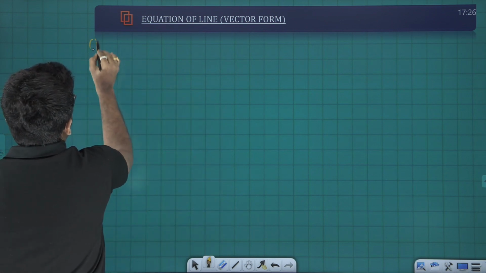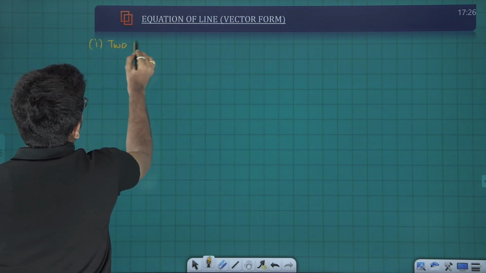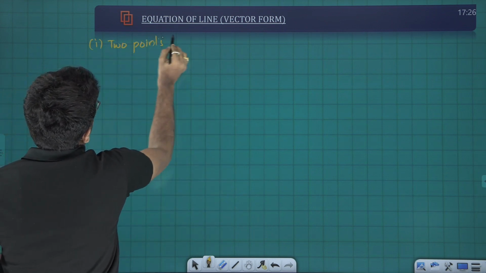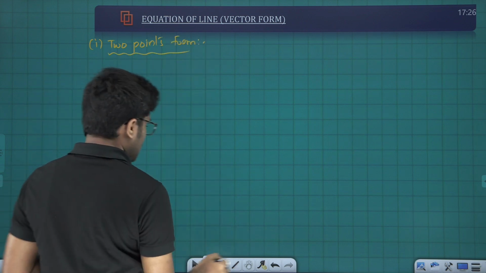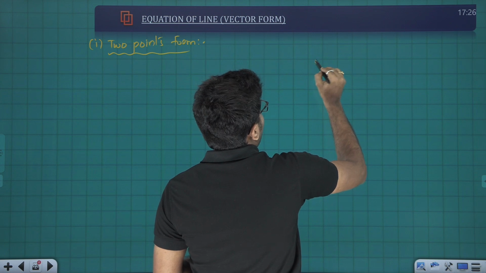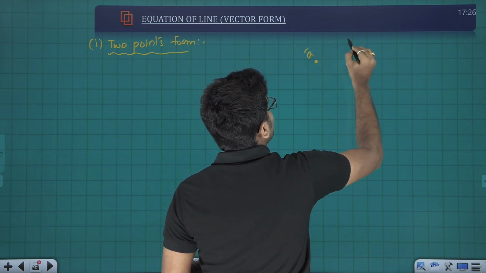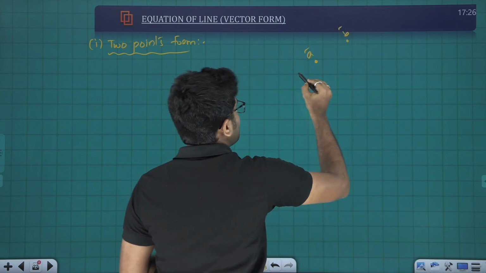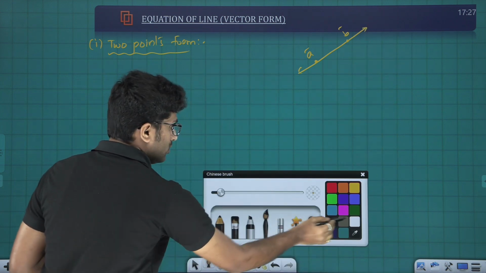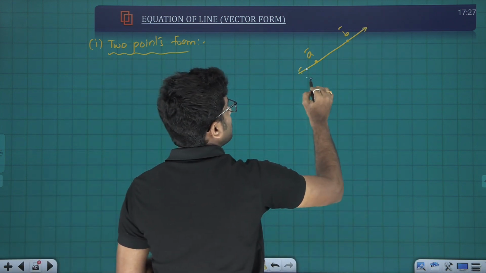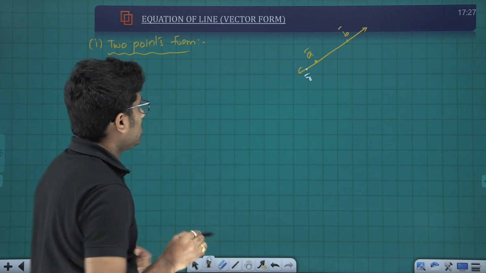Number 1, if the line is passing through 2 points, we say 2 points form. In general, if the line is passing through 2 points A bar and B bar, then we consider R bar any variable point on this line.